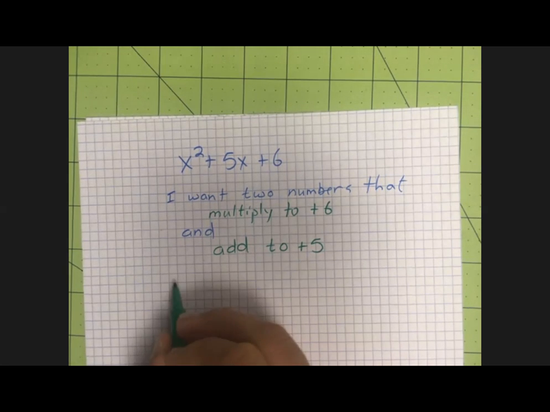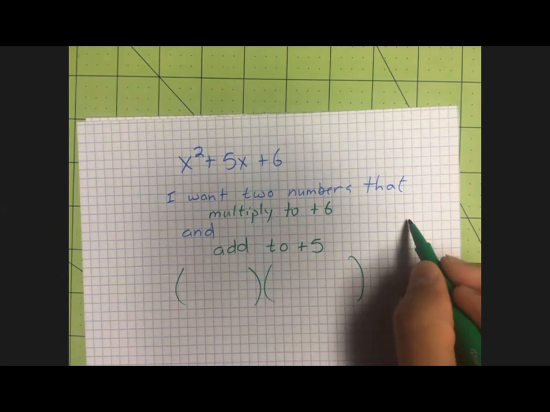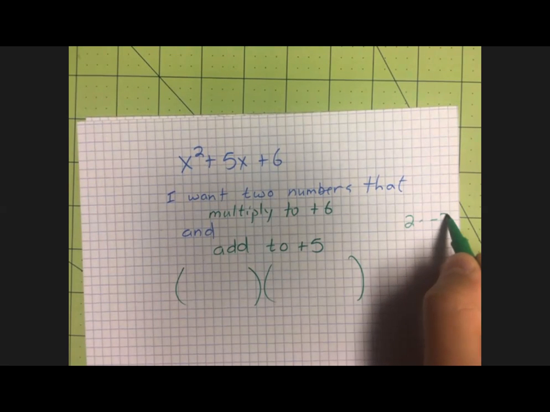And the moment you say that, you have the answer. The 2 numbers are 2 and negative 3.